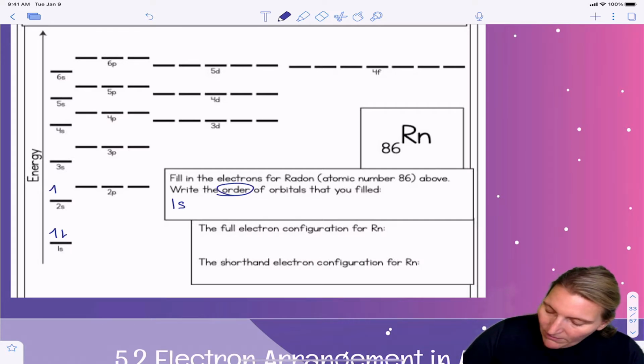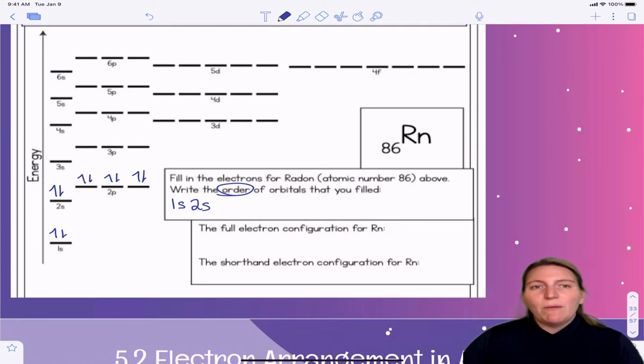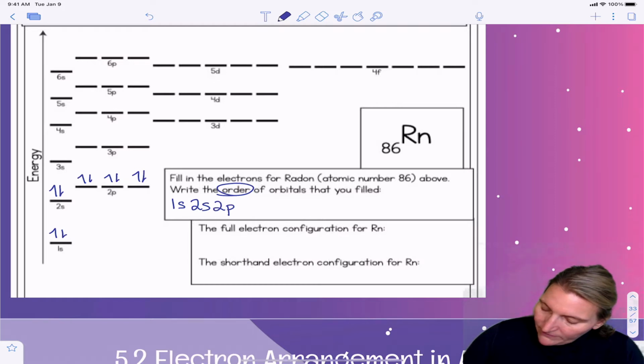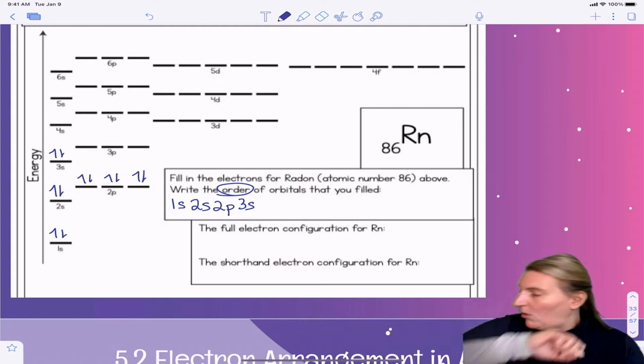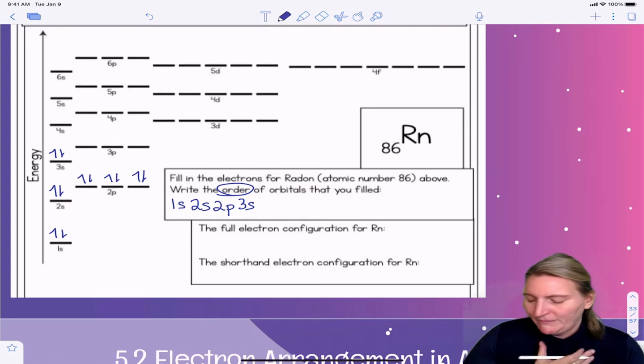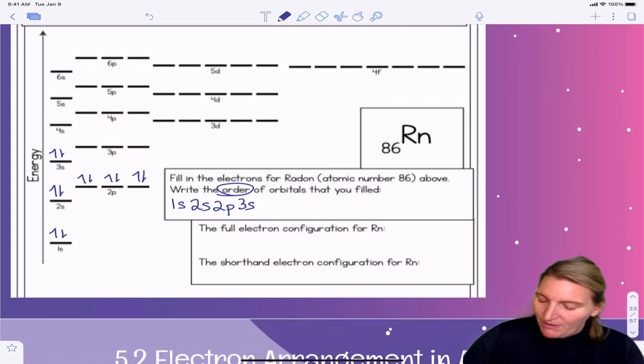The next orbital that I fill are the 2s orbitals, and then the 2p, trying to get into the habit of always spreading them out before doubling them up. That's Hund's rule. After the 2p come the 3s. After 3s come the 3p.